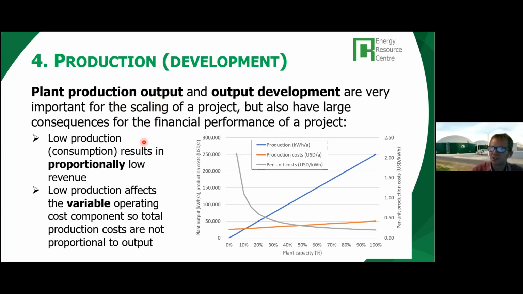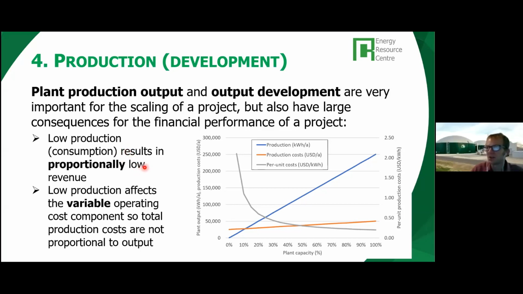On the one hand, if you have a low project output, low energy production, which could be due to low energy consumption by the clients, you will have a proportionally low revenue.